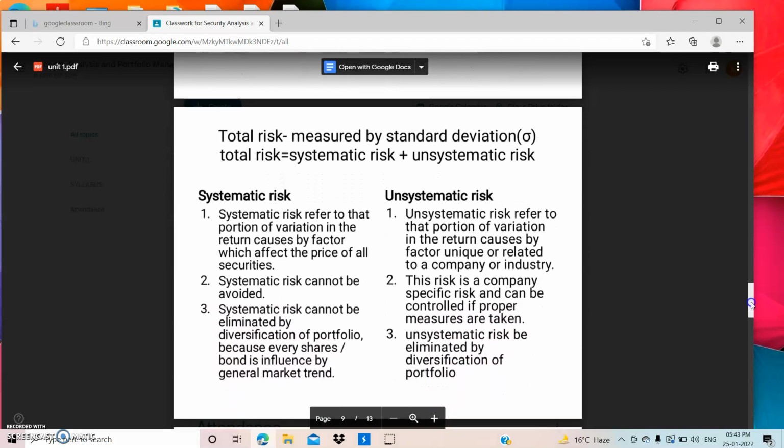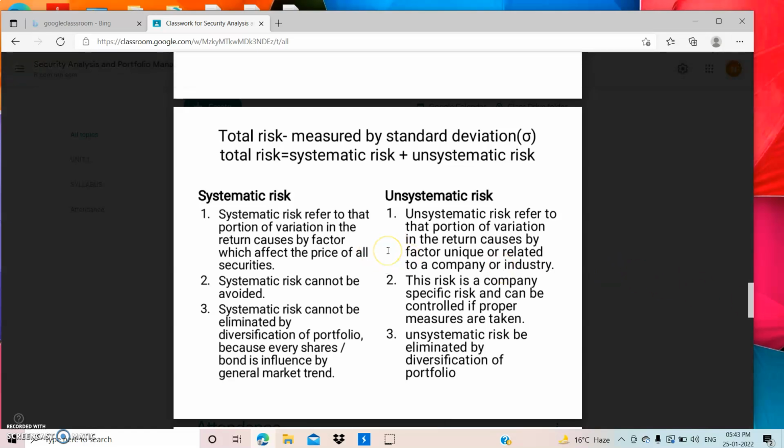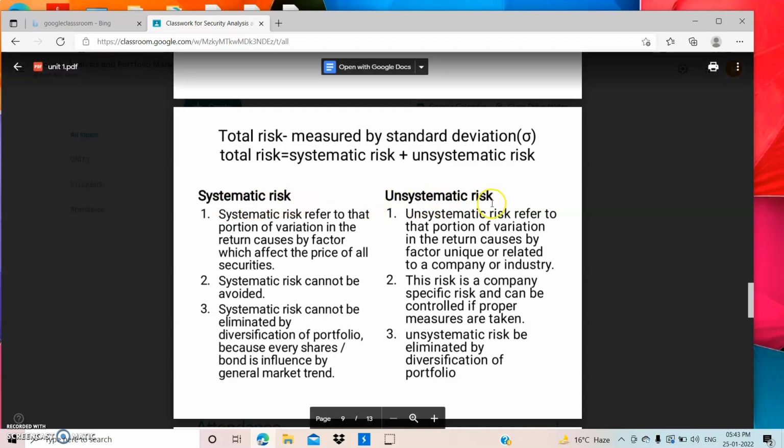Next we are going to discuss the risks. Whenever a person is making any investment, obviously there will be some risks. There will be a risk of loss of the principal amount, risk of loss of the interest amount. The risks involved in investment can be categorized as systematic risks and unsystematic risks.